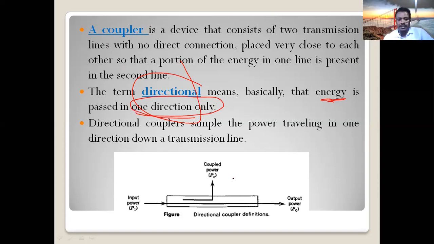But practically, we have some imperfections here. So, as you can see, a directional coupler samples the power traveling in one direction only. That's why it's called directional. So it's a combination of the two. We call it a directional coupler.